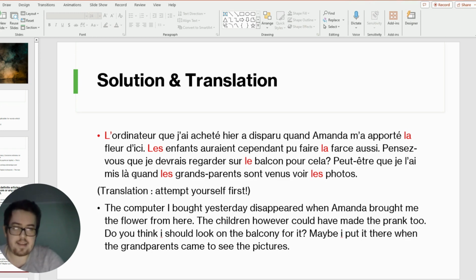There, là, quand, when, we've already noticed that, les grands-parents, the grandparents, we already talked about it, sont venus, came, right? Voir, again, the same thing we talked about before, to see, les photos, the pictures. So that would be the entire translation.